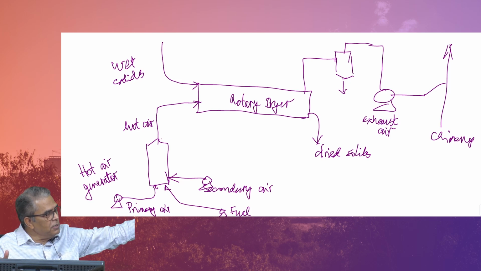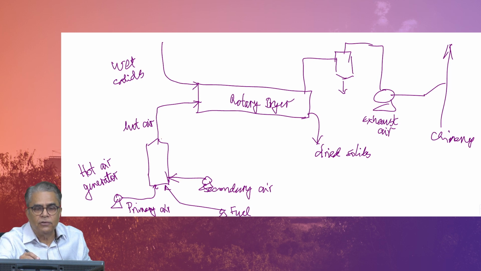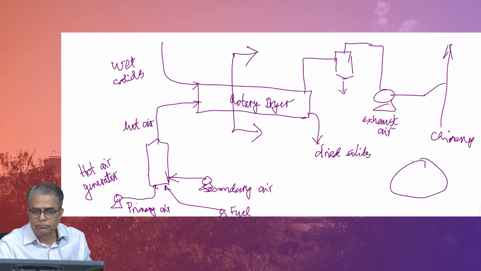So, what would happen is, when it rotates, you can imagine the cross section of this dryer, there will be lots of small projections, and this is let us say rotating in that direction.